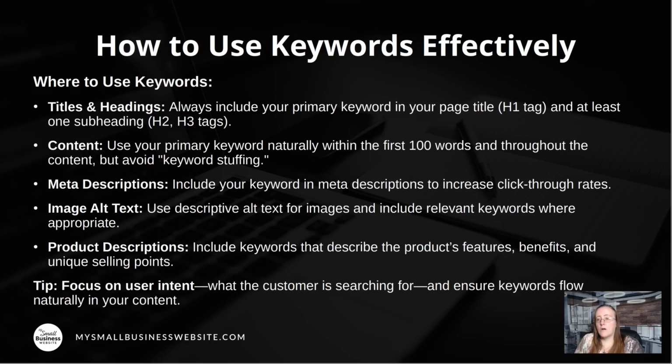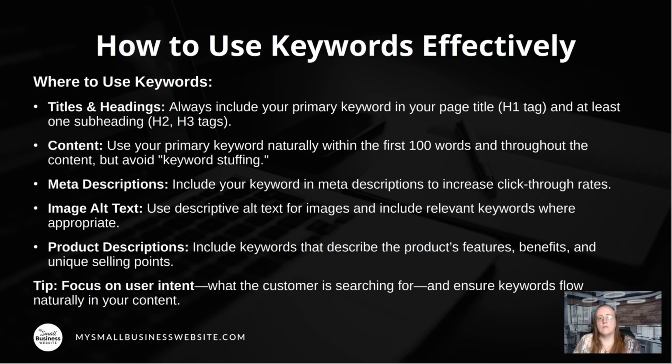Then if you have products, like for an online store or something like that, you can also include keywords within that, so that it's in the features, maybe the benefits, selling points, different things. You can include it in the title of the product and stuff like that. They can help. Now, you want to make sure that you're focusing on whatever the user's intent is. Whatever they're searching for, you need to make sure that the keywords fit with that.